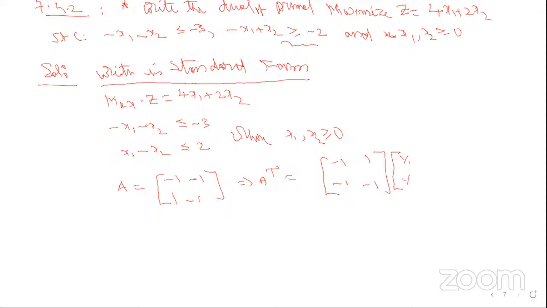So Y1, Y2 equal to C transpose, 4, 2. That means minus y1 plus y2 equal to 4.